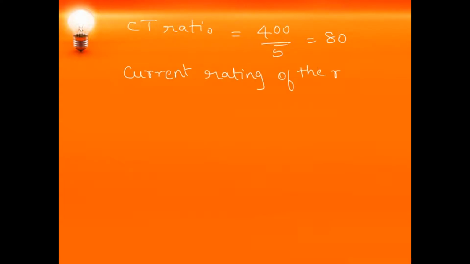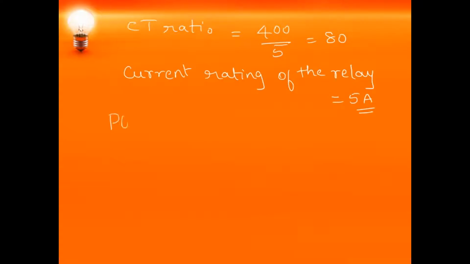First, CT ratio is given. So 400/5, we get it as 80. Next, current rating of the relay is given as 5 amps.